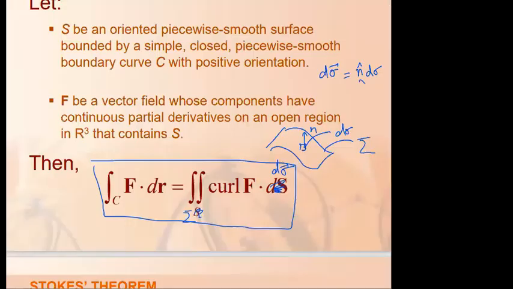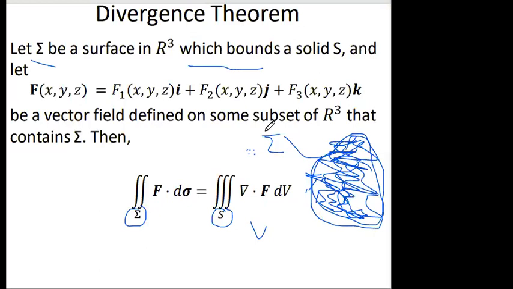Let's see. So this is divergence. Yep. So you have, let's say, this is your solid and the boundary of that solid is sigma, and you have a vector field. Let's say an electric field, right?